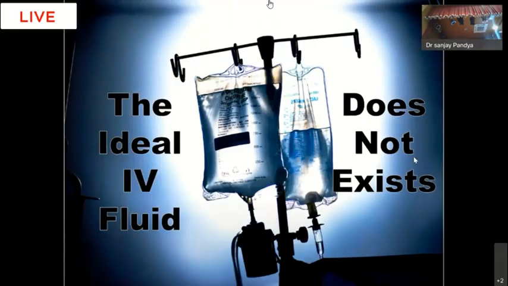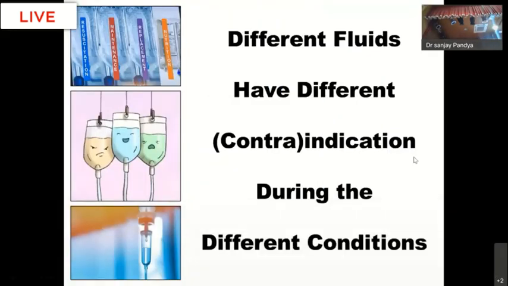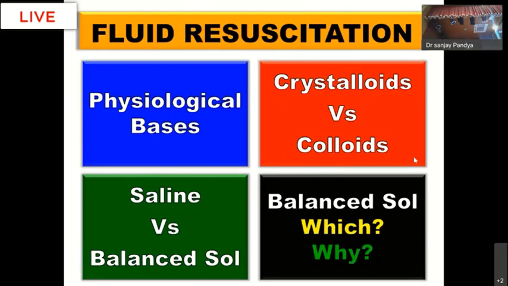But ideal fluid does not exist. Different fluids have different indications and contraindications. And therefore, when we try to select fluid, we need to know basic physiology. What is the physiological basis?